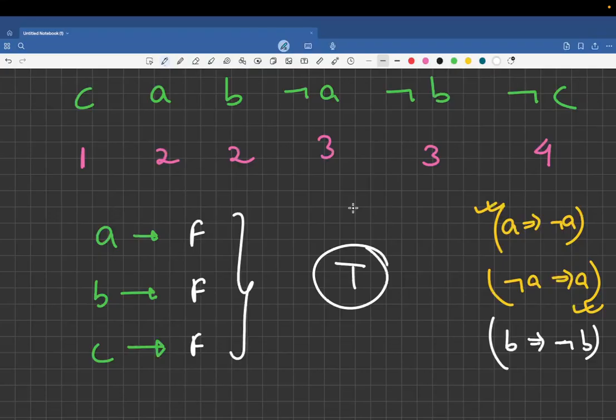While assigning the values, we are also checking whether the component number for the node and its negation is same or not. If it is same, we will simply return impossible, that the solution is not possible. But if they are not same, then we are assigning value true and false based on the component numbers. So this is how you are going to solve this problem.